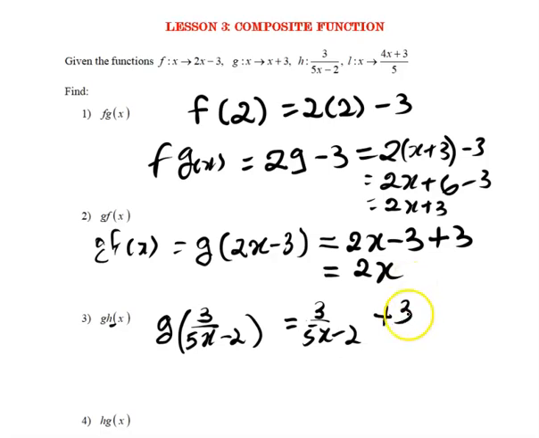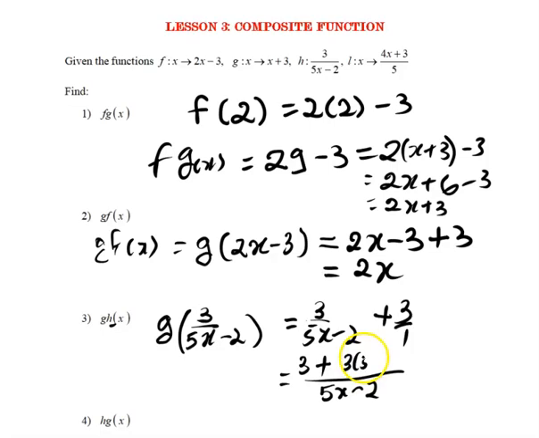Okay? Anyway, let's just simplify. So simplify it here. You're going to have 5x minus 2 divided by 5x minus 2 is 1. 1 times 3, 3. Yeah, 5x minus 2 divided by 1 is 5x minus 2 times 3.